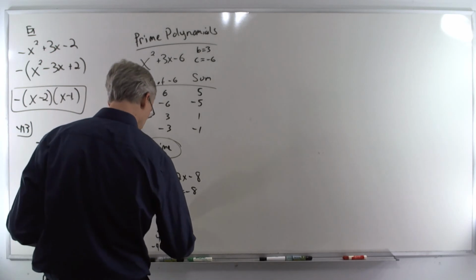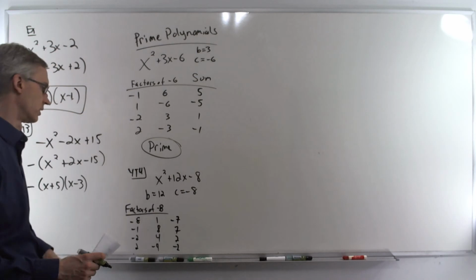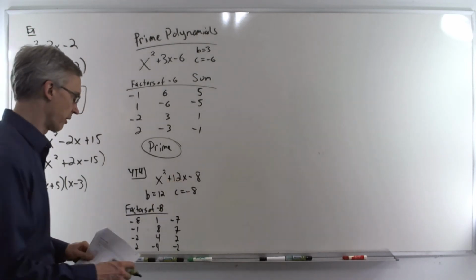The sums: we got negative 7, 7, 2, and negative 2. None of these match 12, so that is prime.